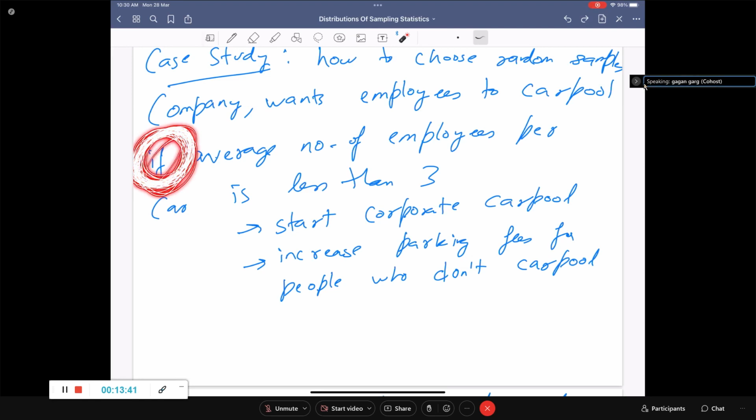What is the mistake? You need to understand this part because statistics is a lot about how to choose the random sample. People don't get this. They can do the calculation, addition, subtraction, division. That is easy. But you need to have clarity on how to choose a random sample. So, what is the mistake here in choosing the random sample? That is the question.